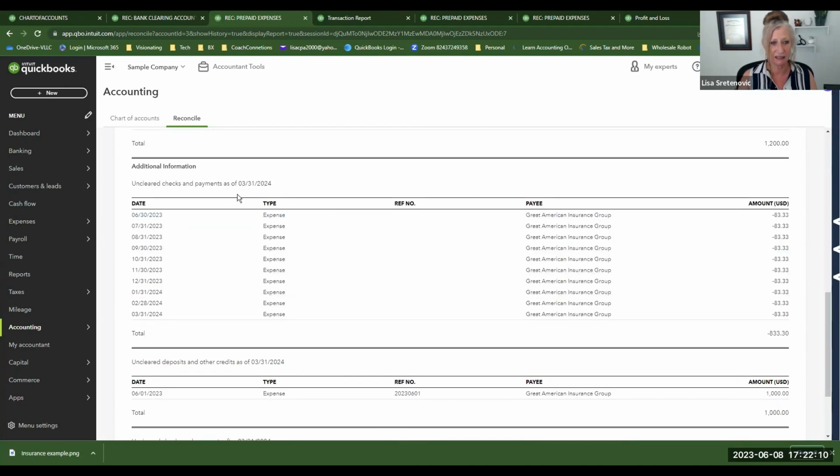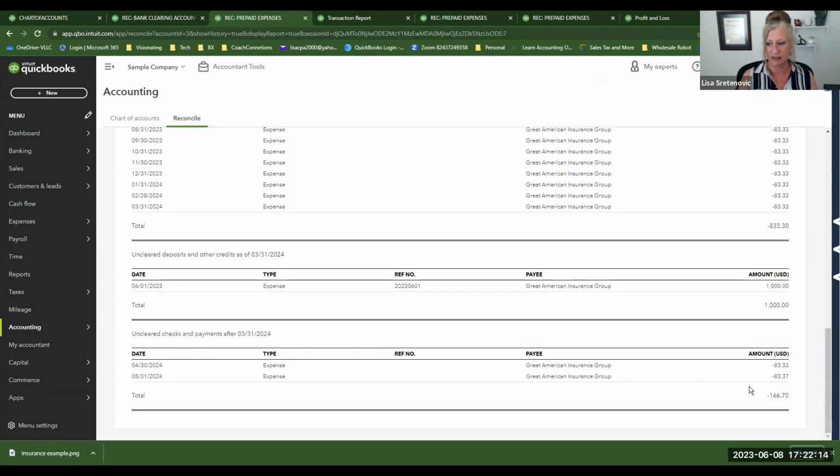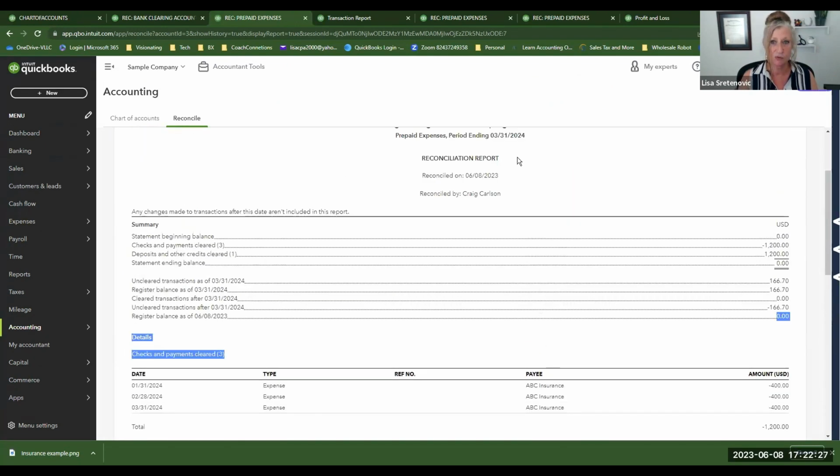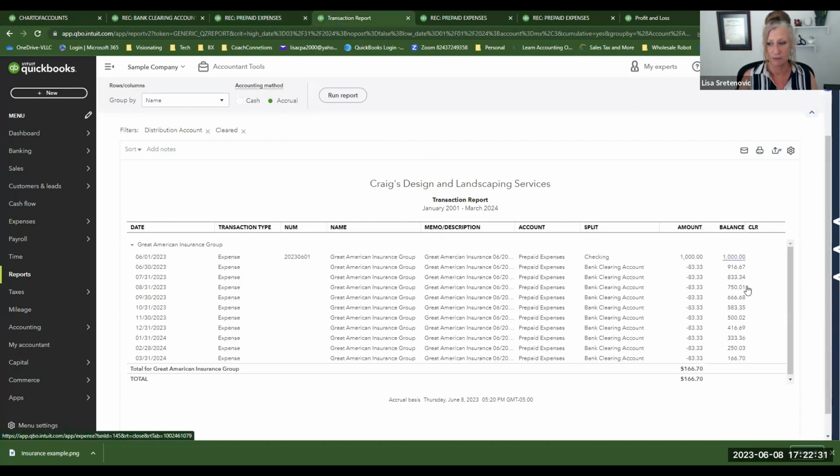In the uncleared, we can see exactly what is going to make up that $166.70 going forward. So having this reconciliation report as well as the transaction detail report gives us the opportunity to see it in two different ways.